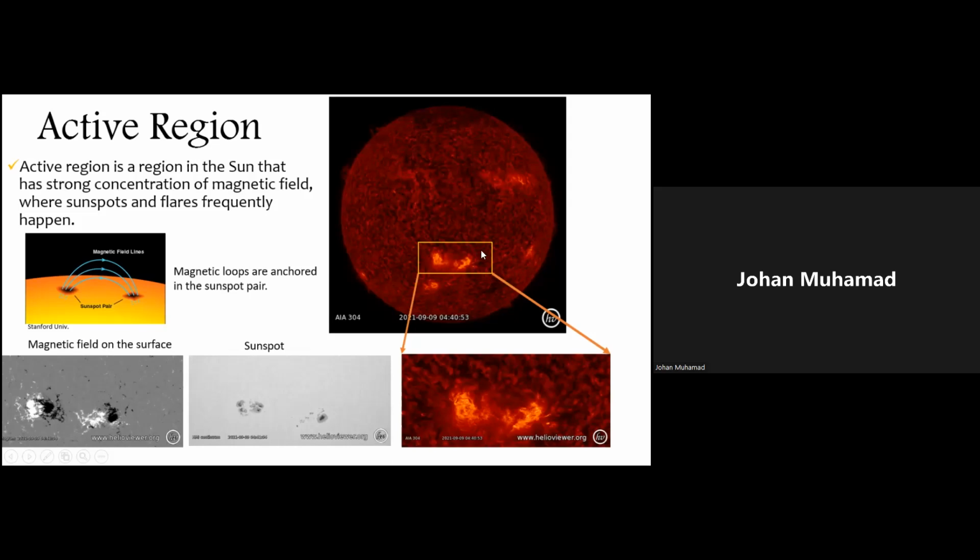If we zoom in on this region, then we can see bright features like this. This is the solar corona, if we observe from the wavelength of 304 angstrom.